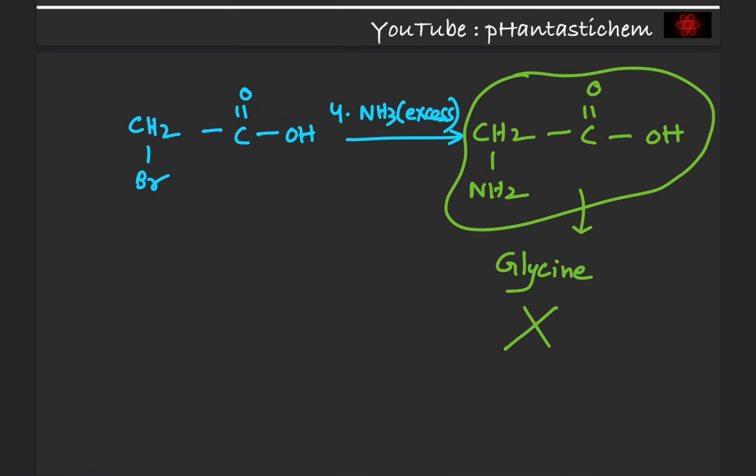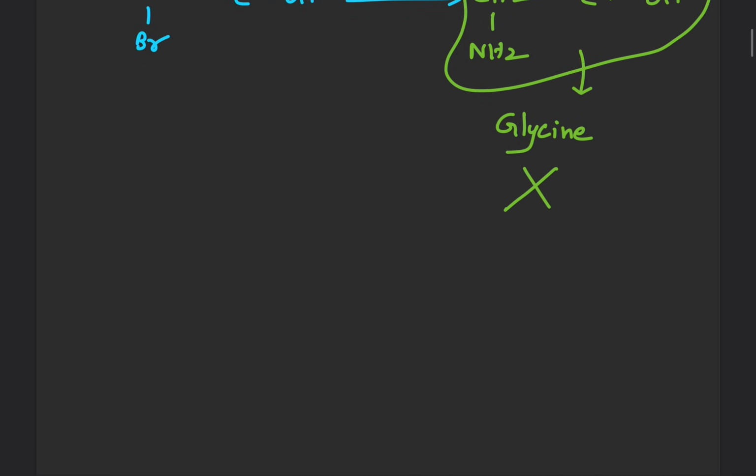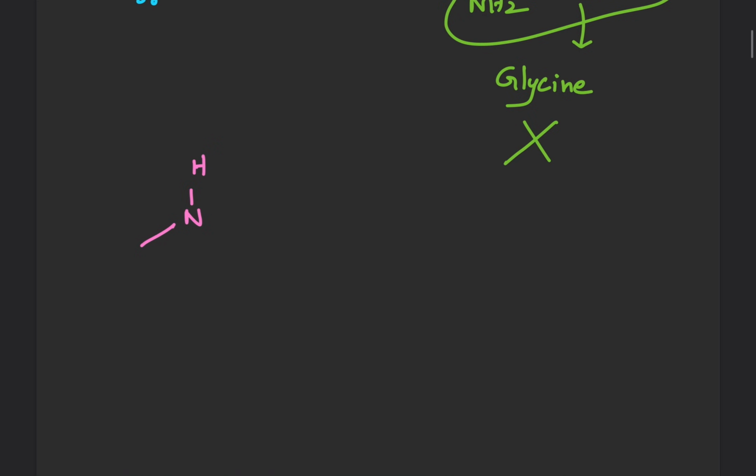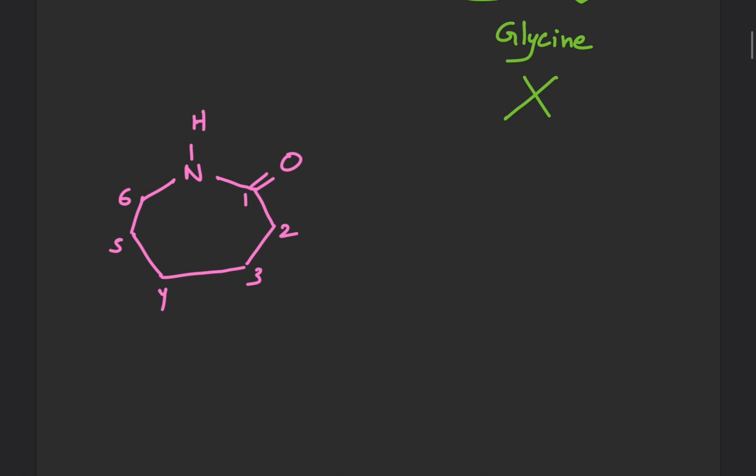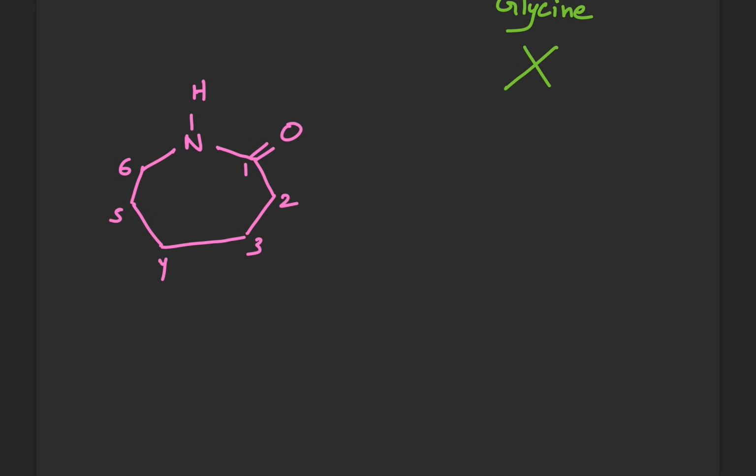To get Y, we start with caprolactam, okay, which is N connected to H and 1, 2, 3, 1, 2, 3, C double bond O. So 1, 2, 3, 4, 5, 6. Okay, so it's an example of a cyclic amide.